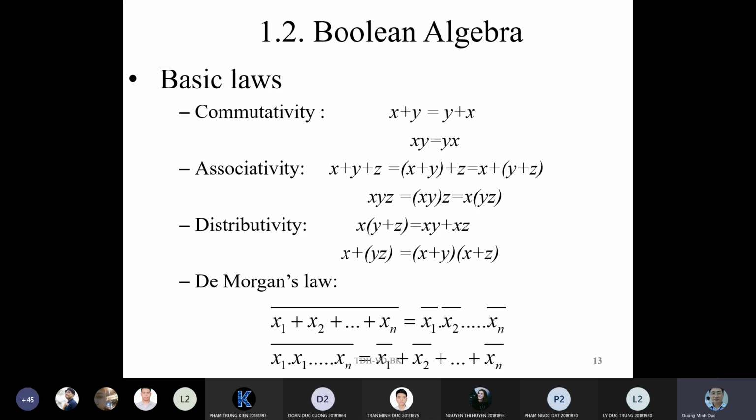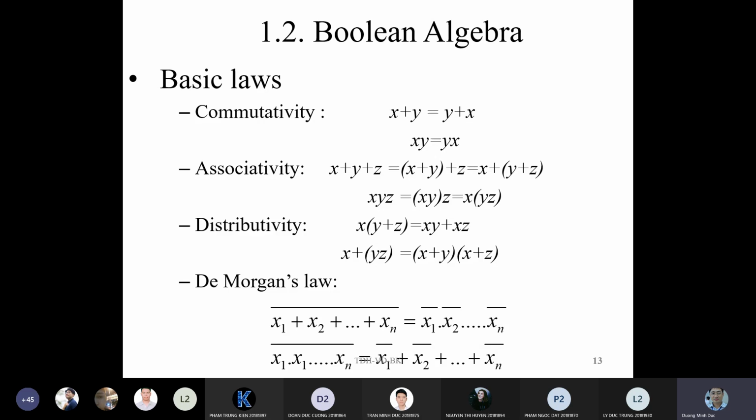Then you use the De Morgan law to modify the logical function to another form. So with this law and property, I would like to say that for a logical function, there may be many expressions of the one logical function.